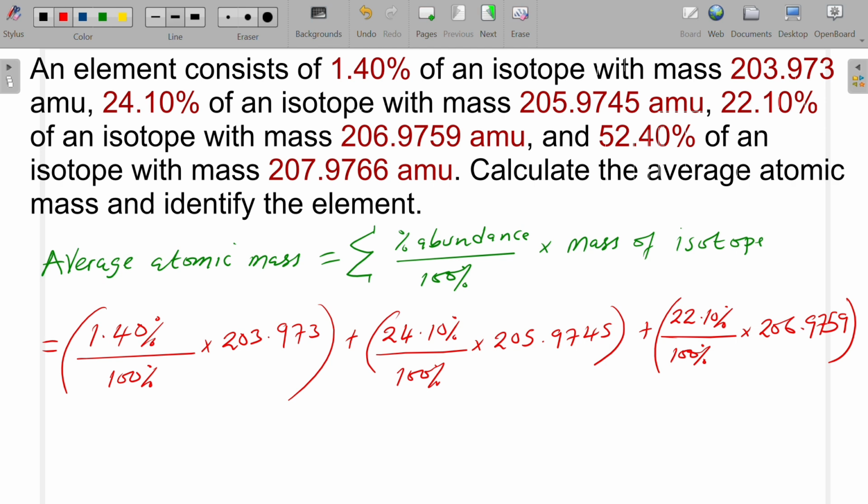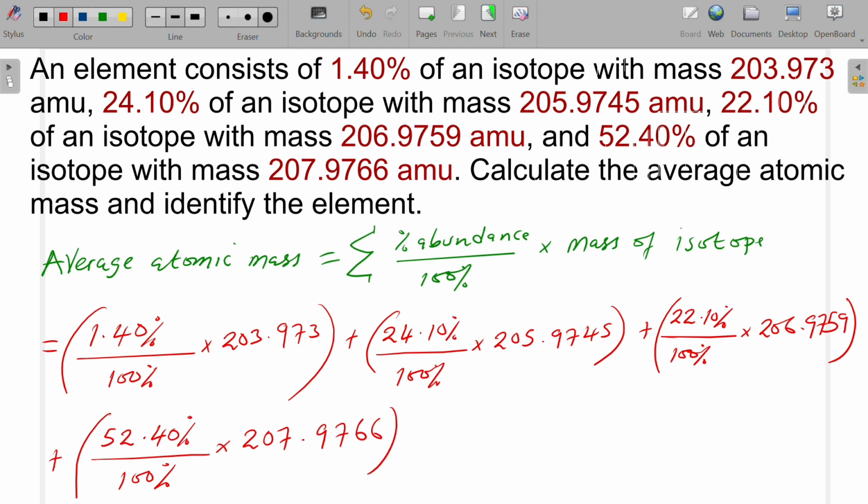And that will also be added to the last one, which is 52.40%. This must be divided by 100%, then we multiply by its mass, which is 207.9766. So this is what we mean when we say the sum of the percentage abundance divided by 100 multiplied by the mass of isotope.